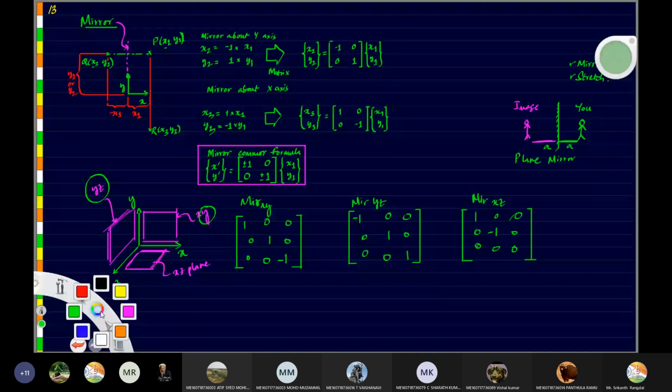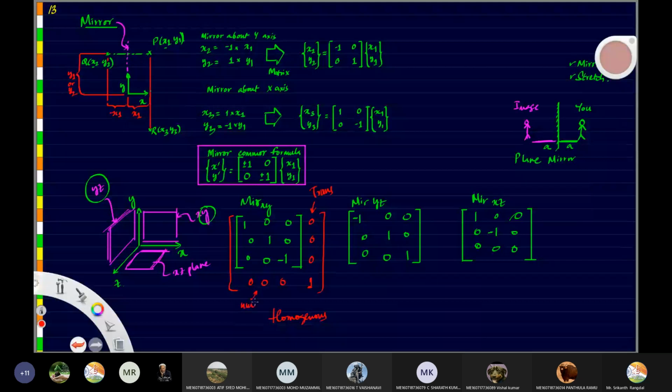Okay, so these are the mirror equations in normal form. If you want to write the same equations in homogeneous form, we have to add an extra column and an extra row to this. So this is what it looks like in homogeneous form. This is for translate or move. This is always the null matrix. This is again the scale, uniform scale. The same you have to do for all of them.